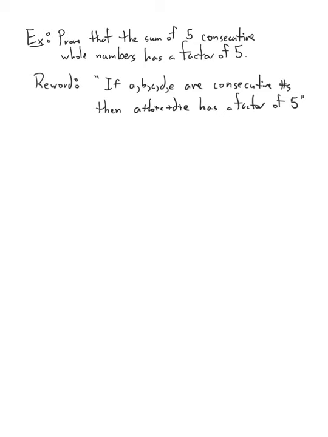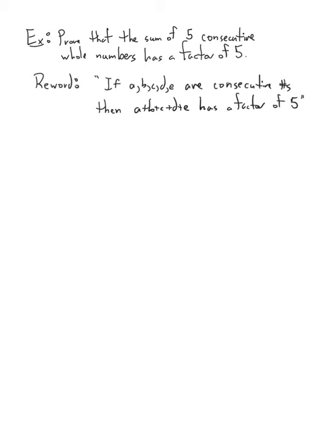So that's one way of doing it. I think that's probably one of the better ways. So hopefully you guys got something like that. All right. So now we have this in an if-then form.